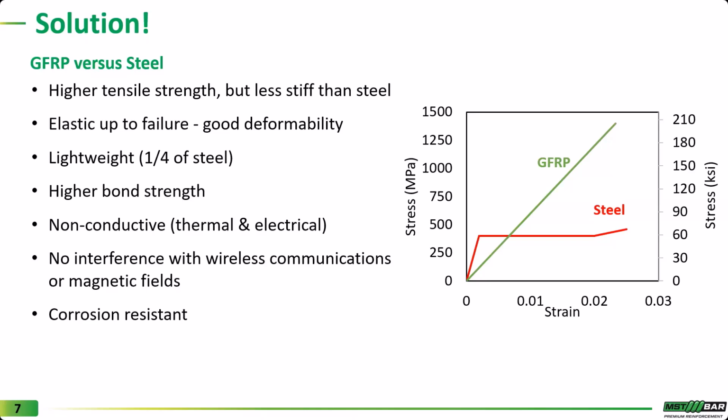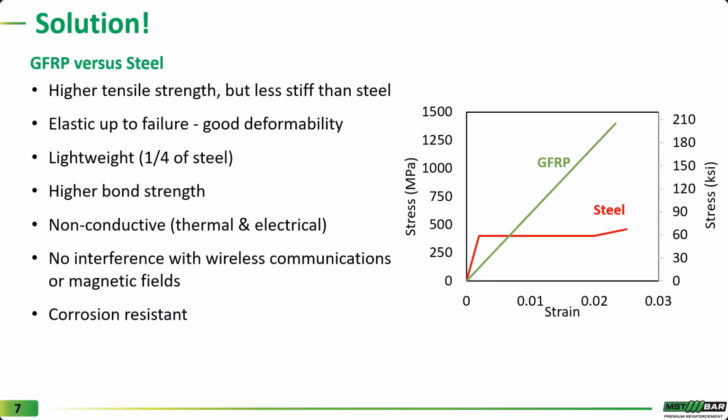GFRP bars are very lightweight. They weigh only a quarter of a steel rebar. This will help a lot to ease the construction, to speed up the construction, and to also reduce the transportation cost. Some GFRP bars, including MST bar, have a very high bond strength that exceeds the bond strength of a steel rebar to concrete.